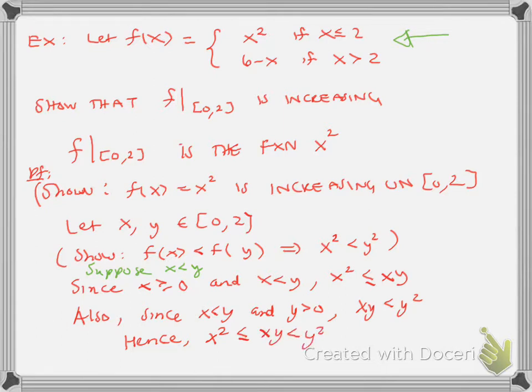I am rushing through this for the sake of time because I'm trying not to go over 15 minutes. But I want you to go back and see the little trick I played to show that x squared is less than or equal to y squared. I brought in this xy and manipulated it to get what I wanted.